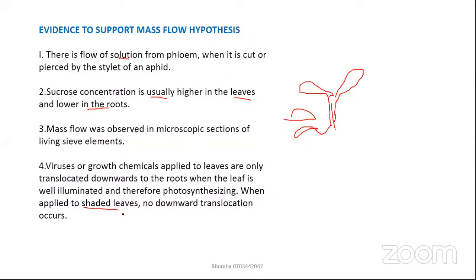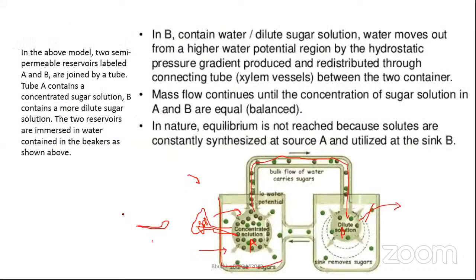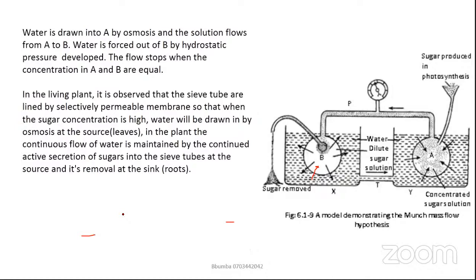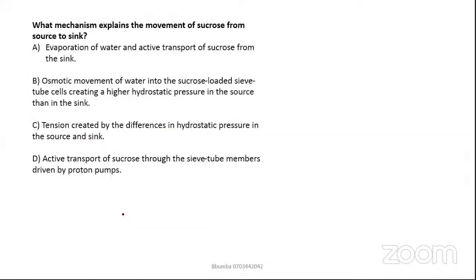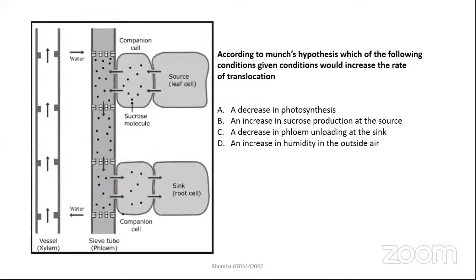So all those were critical observations to support the hypothesis of our colleague called Munch, or Munch's hypothesis. Okay, so by now I think you guys have been able to understand that. Now let us think of this question.